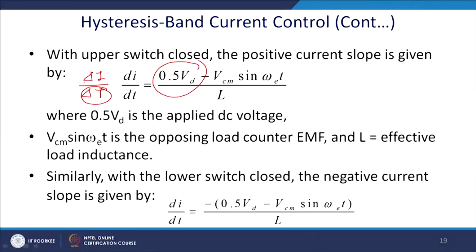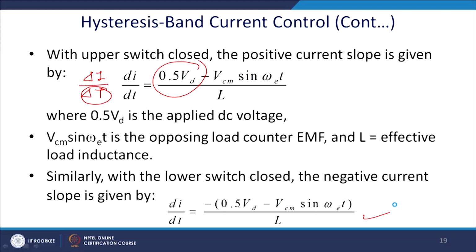So, what happened here? V sin omega t is opposing the load current and the effective inductance L. Similarly, in the lower switch, the equation is minus Vd minus Vm sin omega t by L. So, there are a few things we require to keep in mind.